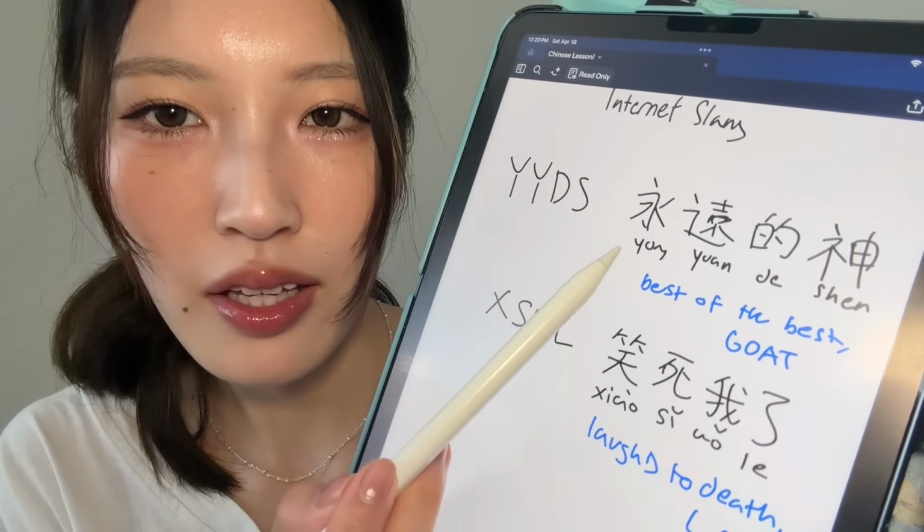If you just see these four letters, it usually refers to 永远的神. Best of the best, basically the Chinese slang version of the GOAT. You could see this commented under a celebrity, like a basketball player or something. So, 永远的神.